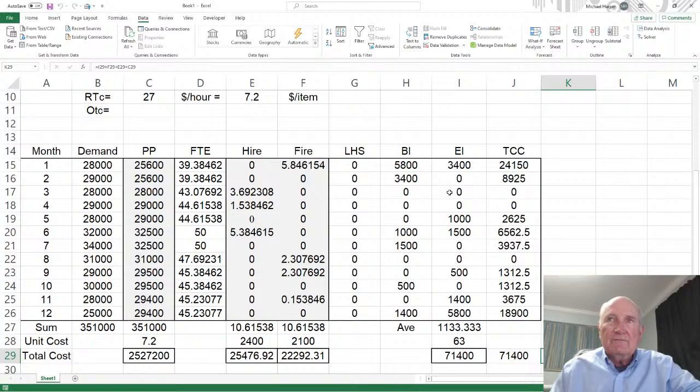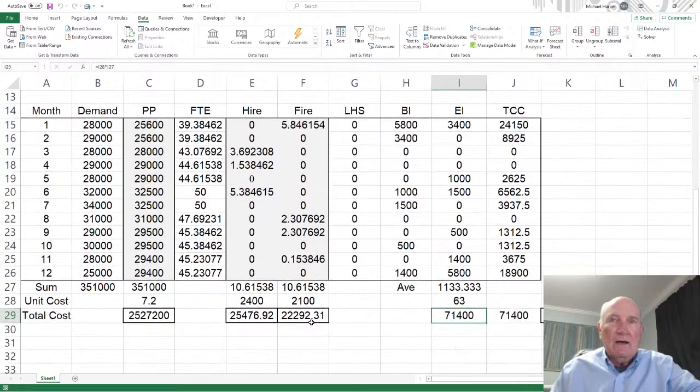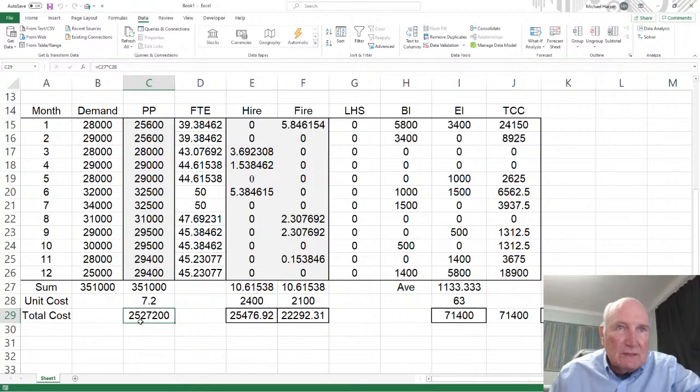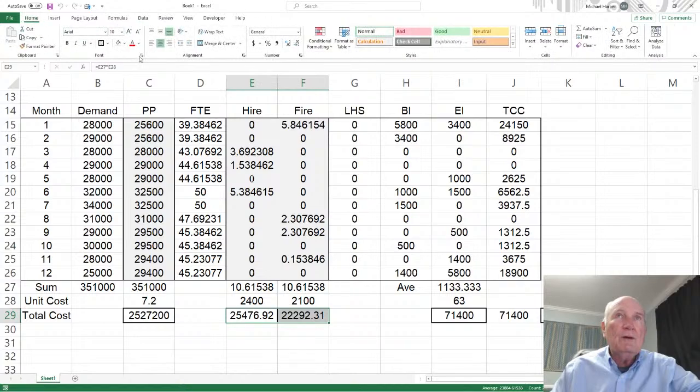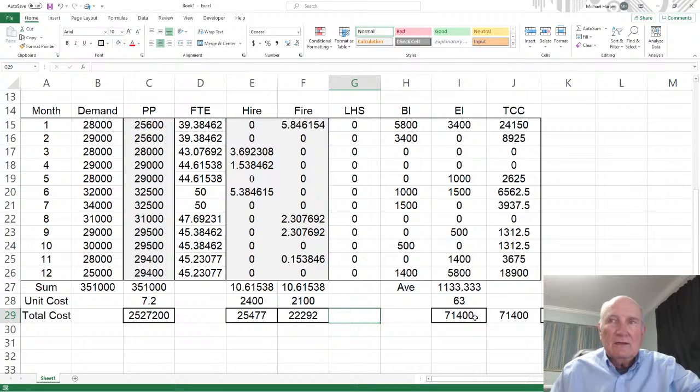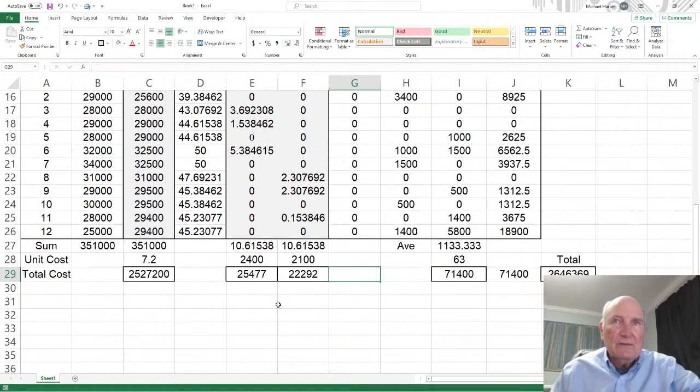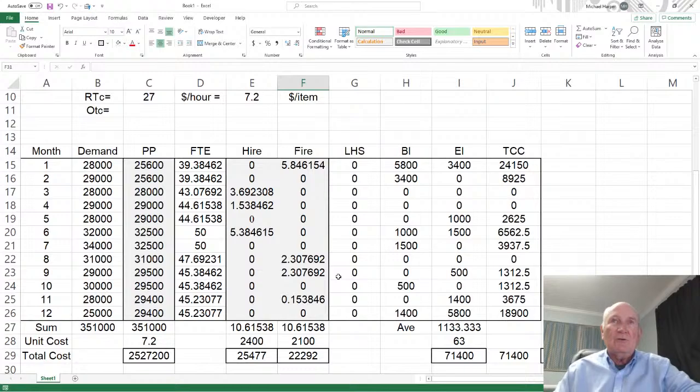The inventory cost is 71,400. Here's my direct labor cost, 2.527200 million. We don't need the cents there. Let me take these in and then reduce the significant figures down. I'm just going to go to the dollars here. This looks right. Okay, so there we go.